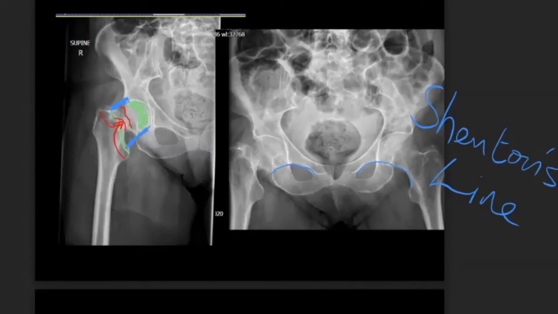She is elderly. She has had a low energy fall. She's broken a hip, which is normally a very strong part of the body, but it's particularly prone to fragility fractures. And we know from the evidence that if we treat this without an operation, it's not going to do well. It's not going to heal by itself, and she wouldn't be able to walk on it.